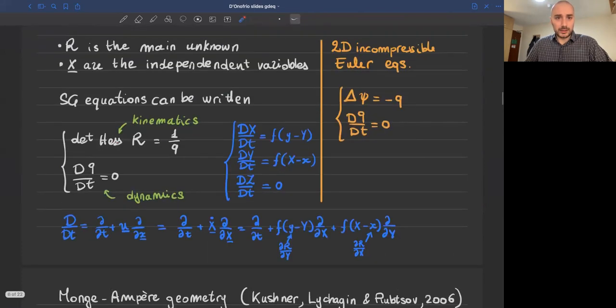It means that the equation's coefficients don't depend on the value of the dependent variable, in this case R. They can only depend on the independent variables, which for these equations are the capital variables, and the first derivatives of R with respect to these independent variables, that is the gradient of R. And when I speak about the equation's coefficients, in this case it really means Q. Q can only depend on independent variables and the gradient of R. In this case, we speak about a symplectic Monge-Ampère equation in 3D.